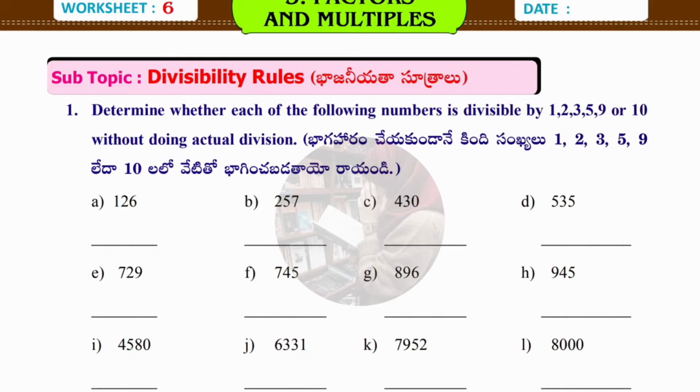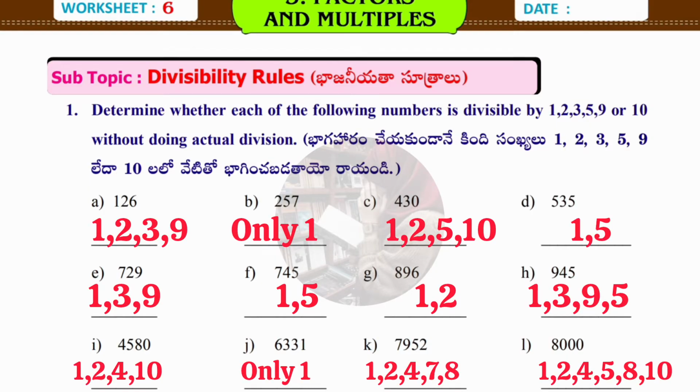Okay, let's see. First number is 126. If you check the last digit, 6 is an even number, so every number is a multiple of 1. That's why this number is divisible by 1. 6 is even, so it is divisible by 2 also. 126 is divisible by 3 also: 3 4s are 12, 3 2s are 6, that's why.